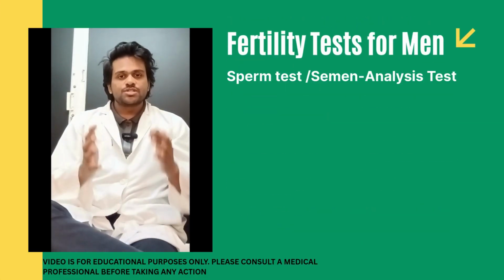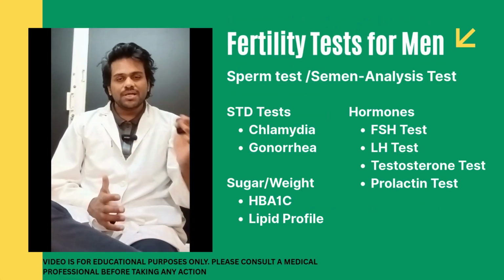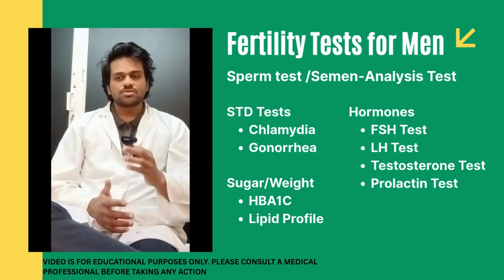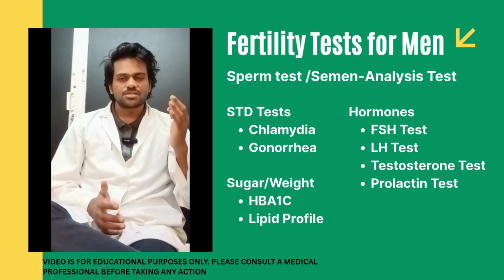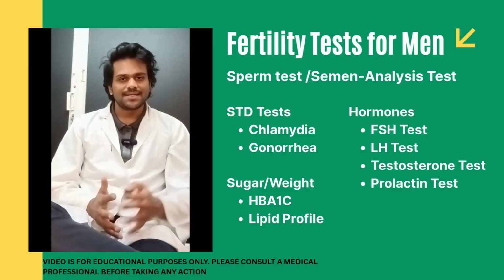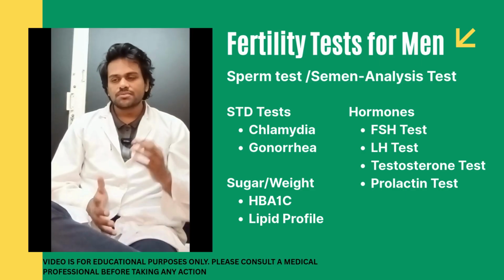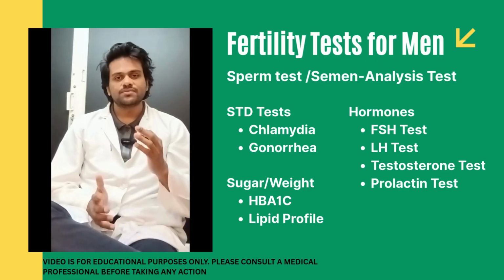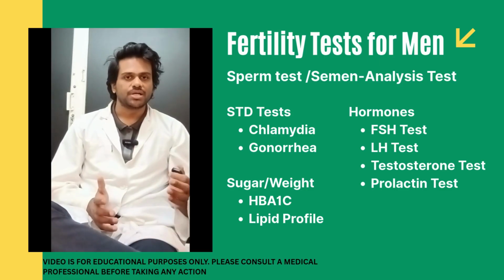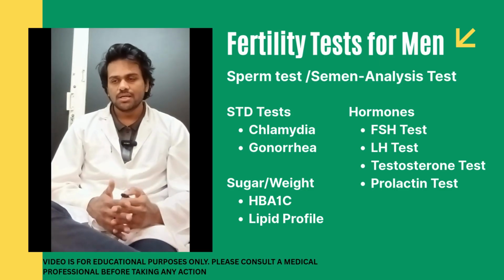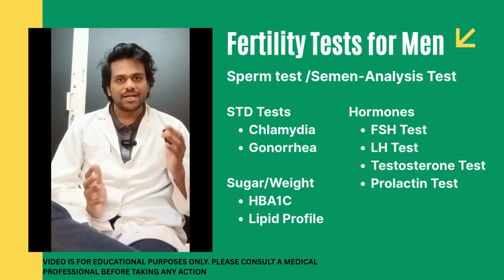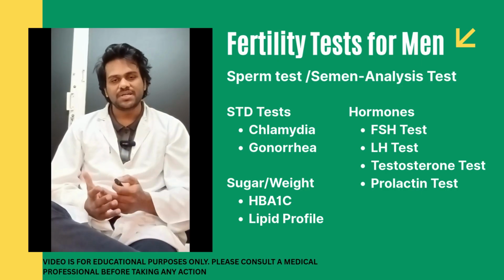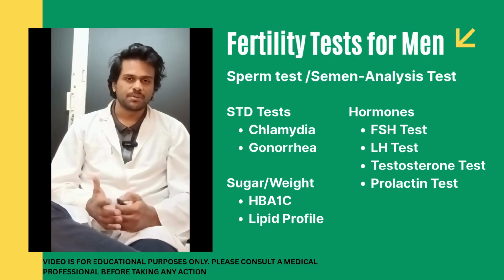So what is the list of tests that are included in the male fertility test? The first is always the sperm test or the semen test, also called the HSA test, human sperm analysis. The next are the STD tests, which usually include chlamydia and gonorrhea, because they can affect your fertility. The next is the test for sugar and your weight, which is the HbA1c and the cholesterol or the lipid profile.